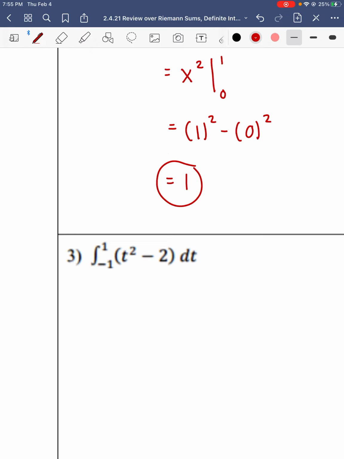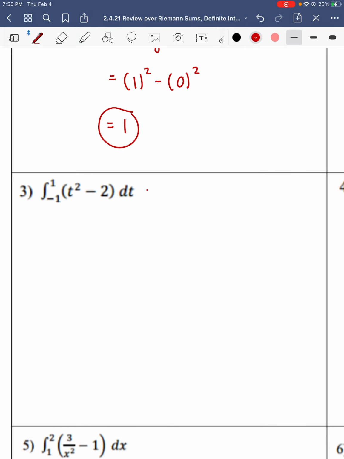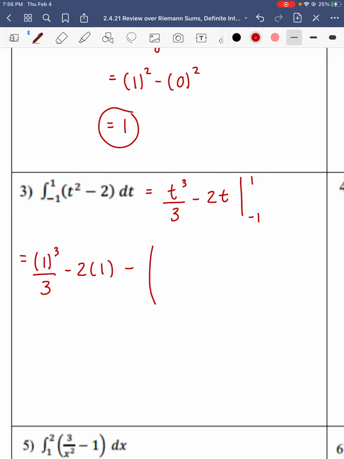Alright, the third one, same thing. So it's going to become t to the third over 3 minus 2t evaluated from -1 to 1, which would equal 1 cubed over 3 minus 2 times 1 minus all of -1 cubed over 3 minus 2 times -1.